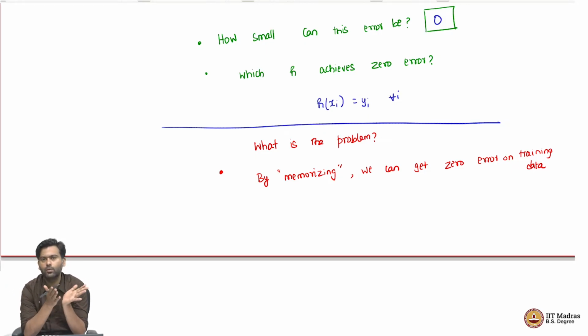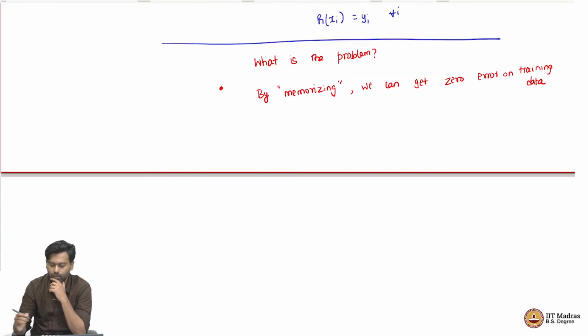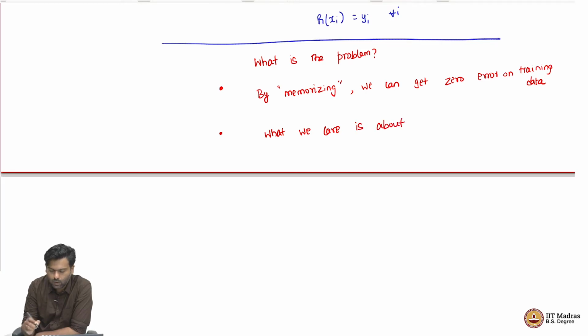But it's a useless predictor if it does not do well on today and later on from tomorrow, right? Because the whole point is to do well on test data. But by memorizing we can do well on the training data. Now what we care about is the test performance.